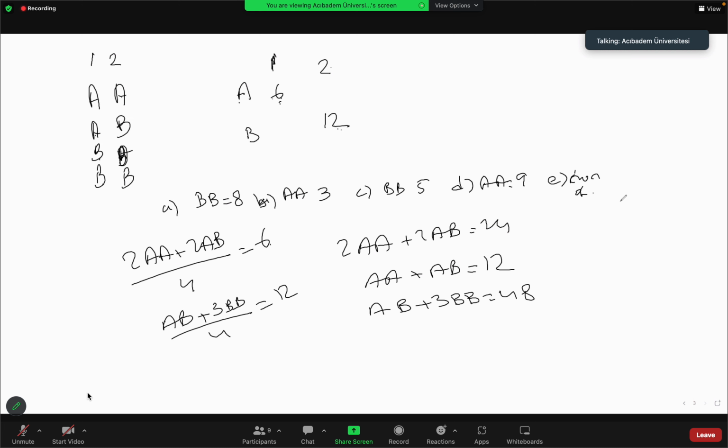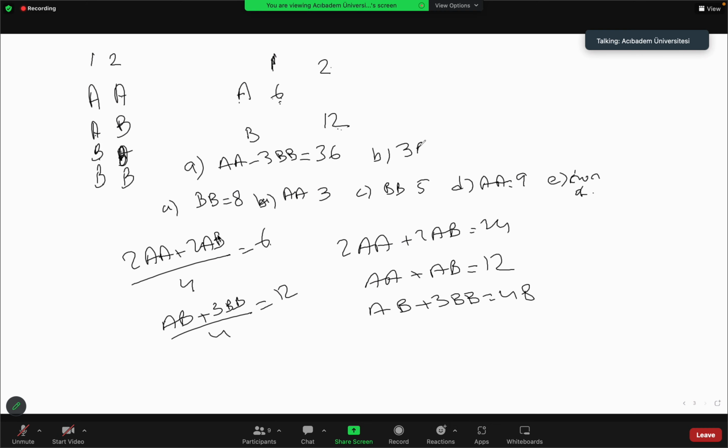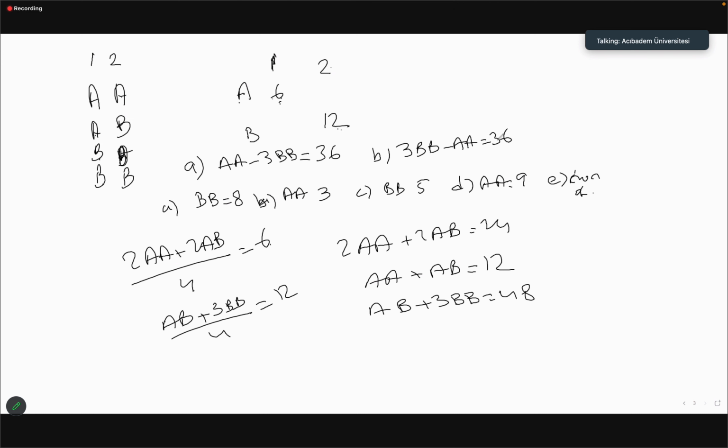But I can ask you which of the given equations are correct. A, AA minus 3BB is equal to 36. B, 3BB minus AA is equal to 36. C, 2BB minus AA is equal to 24.